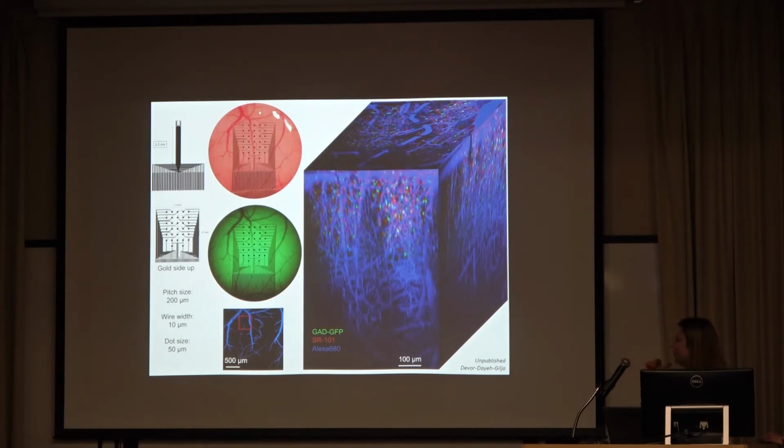With the GFP and SR101, we can see somewhat like 500 to 600 micrometer penetration, and with the Alexa 680 we can see down to like 900 micrometer penetration. You can see on the surface, especially on the right side, the array is giving a little bit of shadow, but since the wires are only 10 micrometers thick, it's not more than a shadow that any material wouldn't give you. And after 100 microns, you can start seeing more clearly.